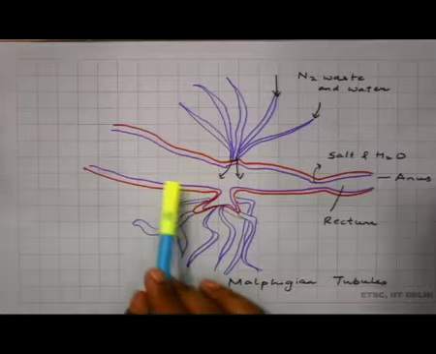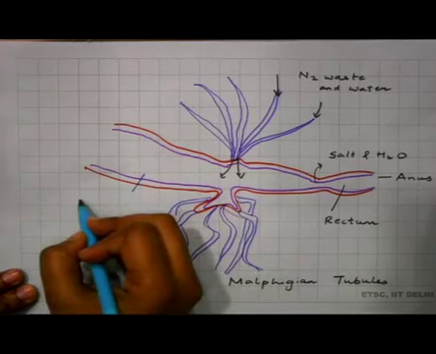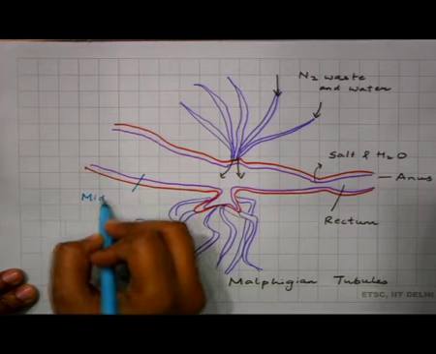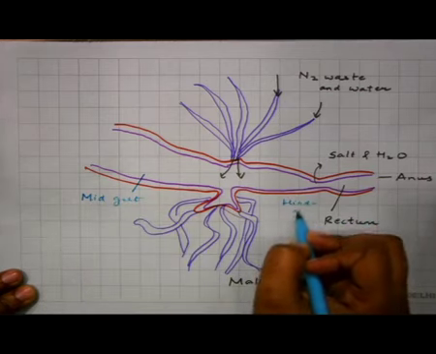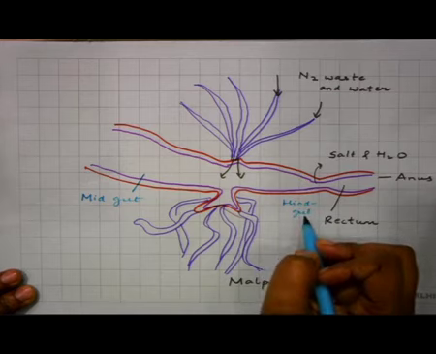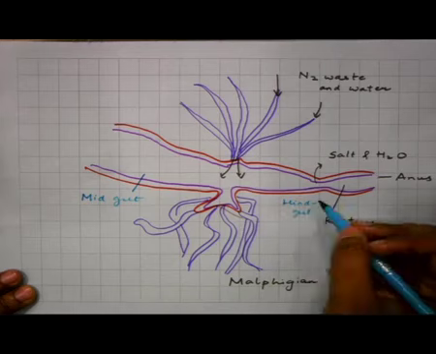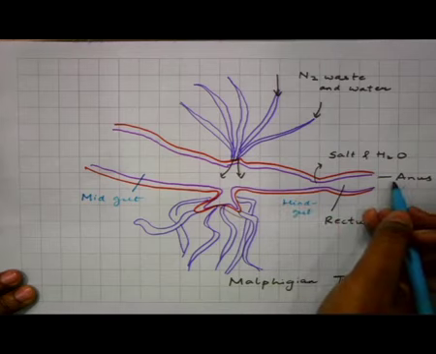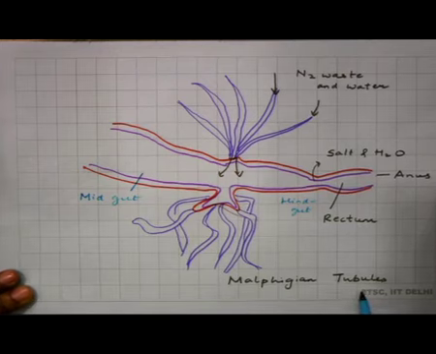If we magnify the parts, this is the midgut and this is the hindgut, which is like the large intestine part of ours, converted into ileum, colon, rectum and anus, and these tube-like structures are the Malpighian tubules.